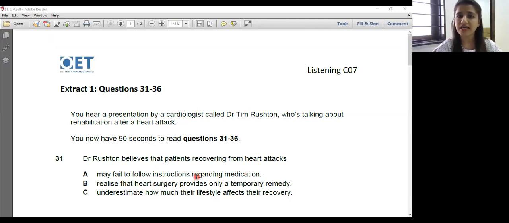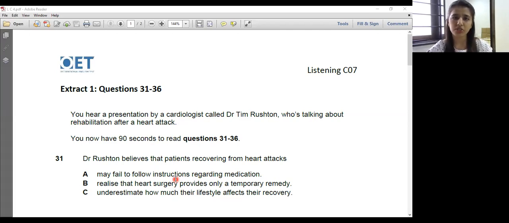And all these answer choices, or at least two of them, are summarizing the whole 1 minute conversation, and therefore they could be very complex. The answer choices are not very easy to understand. They are incredibly complex if you do not understand them fully. So that is the reason why it takes you a lot of time in listening part C to understand the question and the answer choices.